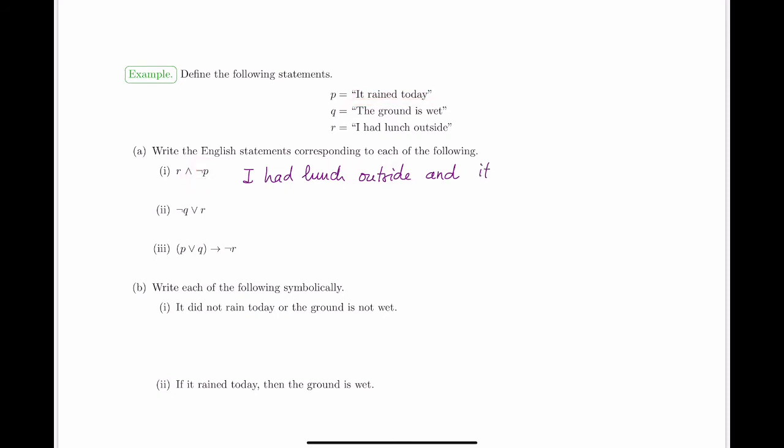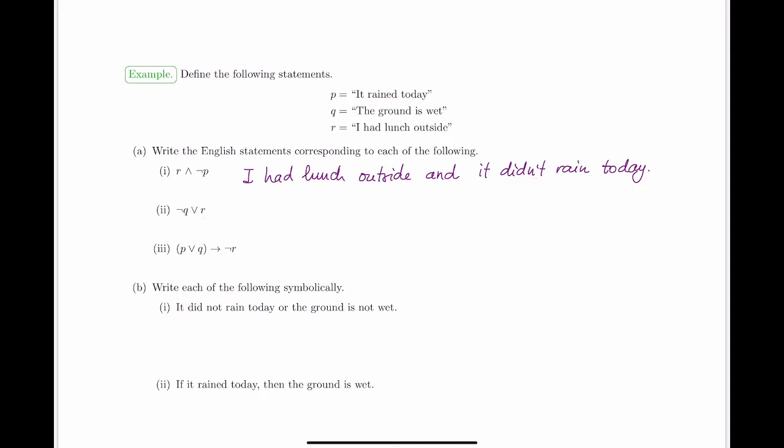And it didn't rain today. Sometimes it's easier to think of negation as, instead of actually inputting the negation into the statement, you can say, it is not the case that it rained today. But with more practice, you should be able to simply inject the negation straight into the English statement.